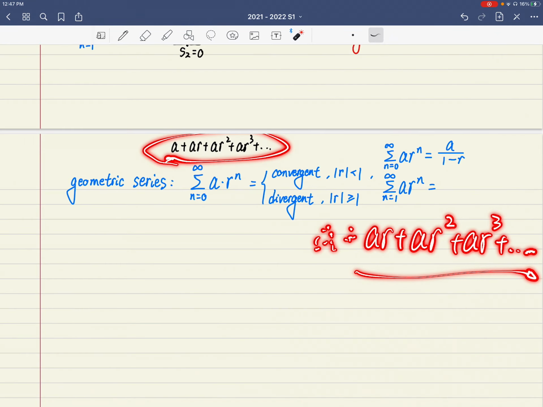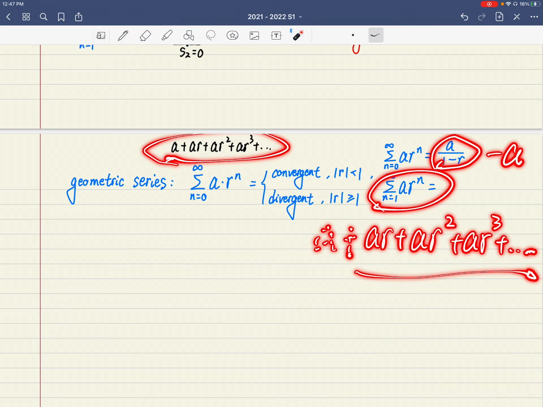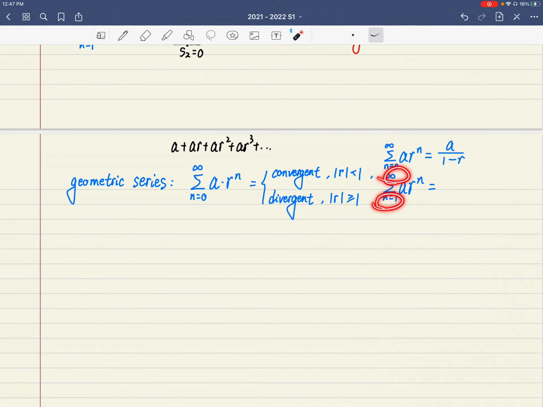So this sum is just the previous sum minus a, because a is the zeroth term. So this sum minus a is going to be ar over 1 minus r. You can do the calculation by yourself.